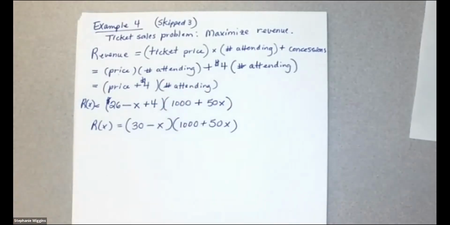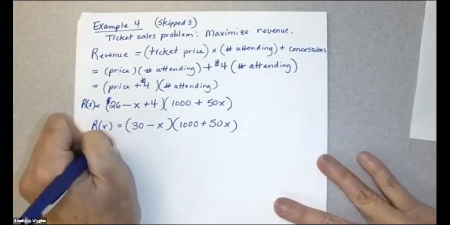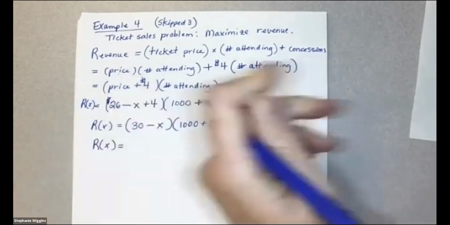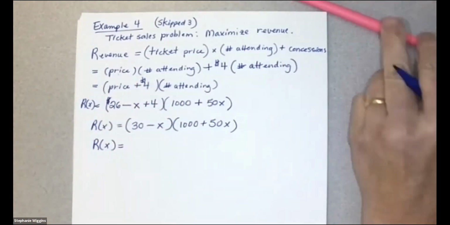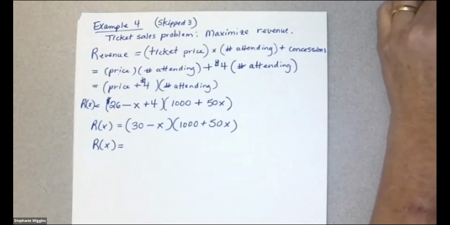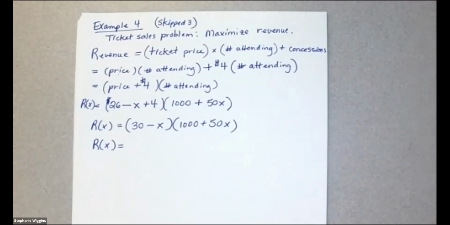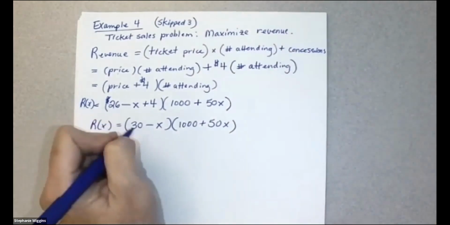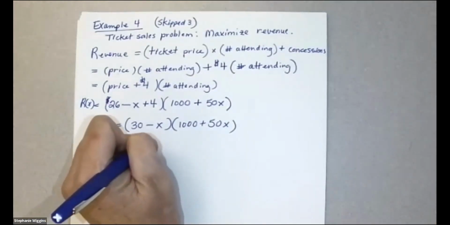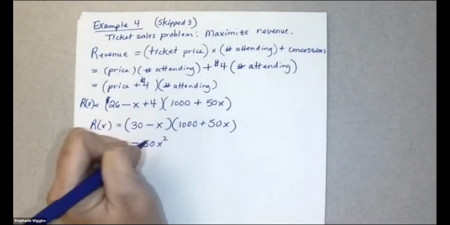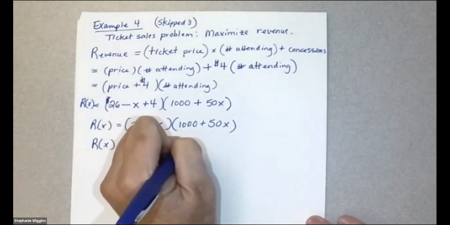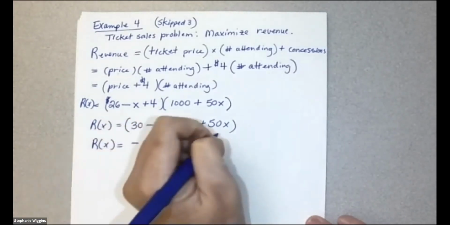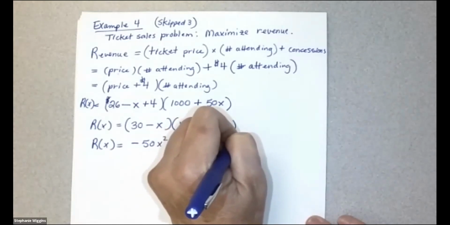And if you multiply that all out, your revenue function works out to minus 50x squared plus 500x plus 30,000.